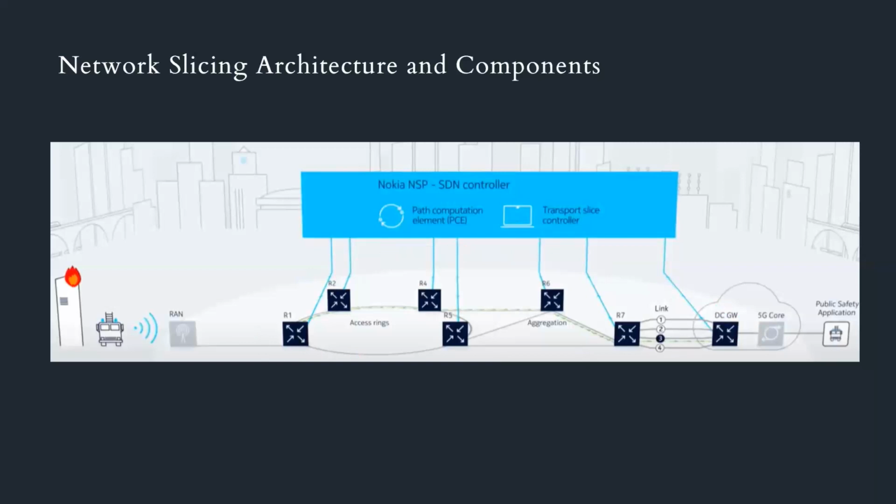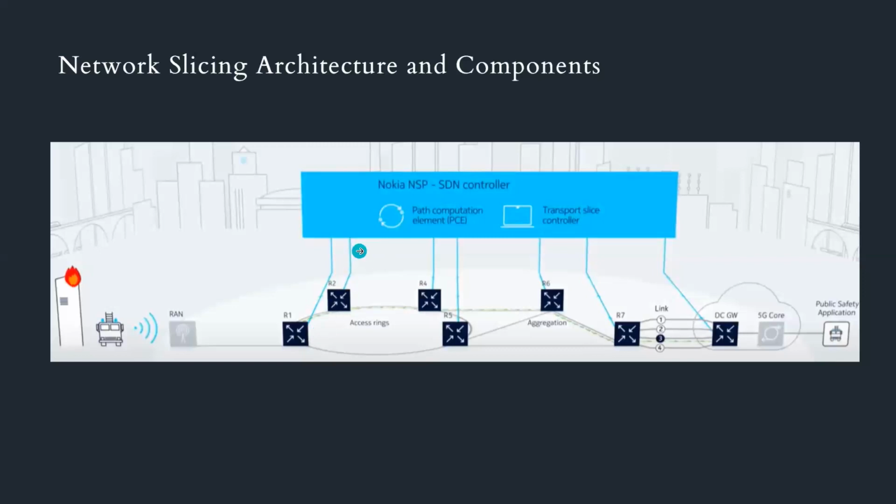So the communication links between the RAN and the core network are optimally controlled using an SDN controller. The SDN technology we discussed before, and in here the same technology is used. And the thing here is that each network device is connected to the SDN controller.